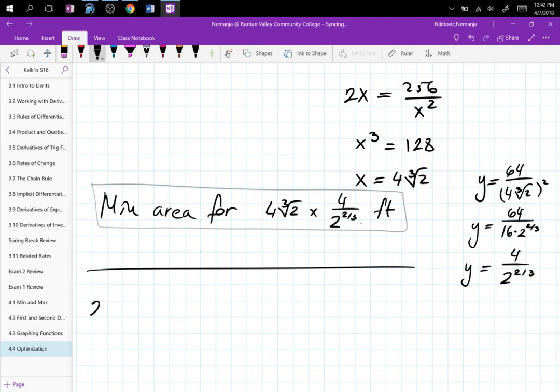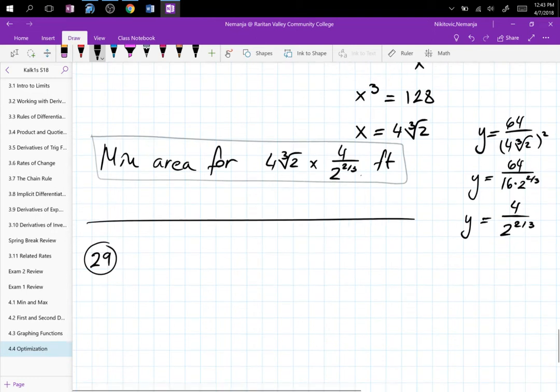Let's take another problem and then switch a section. So the last problem is 29. What you have is a flower garden that has a patio around it that you can walk.